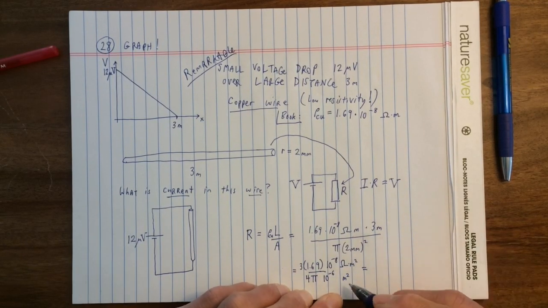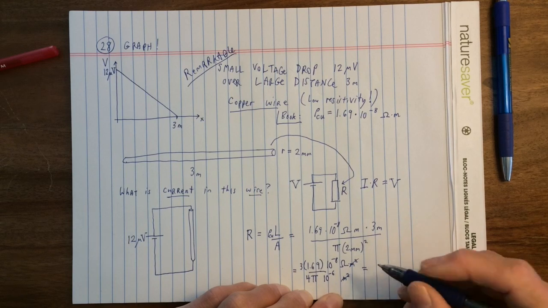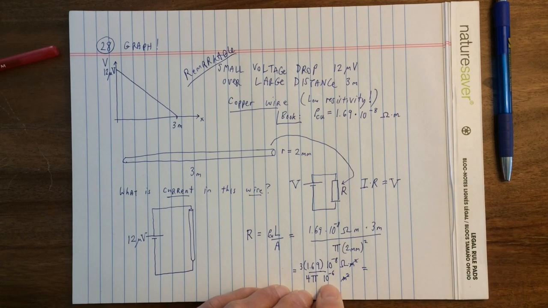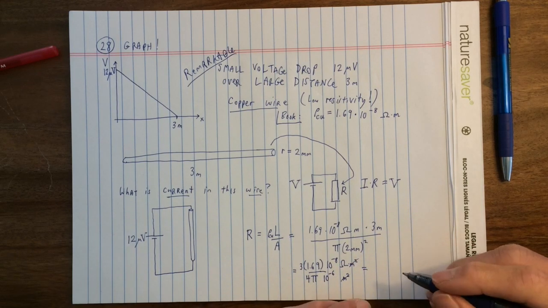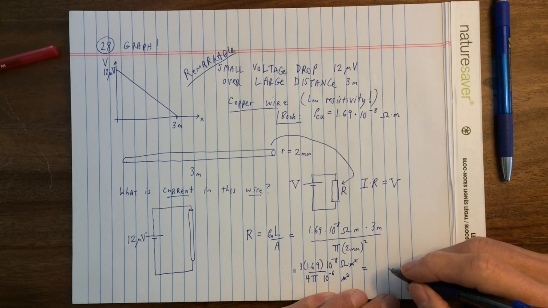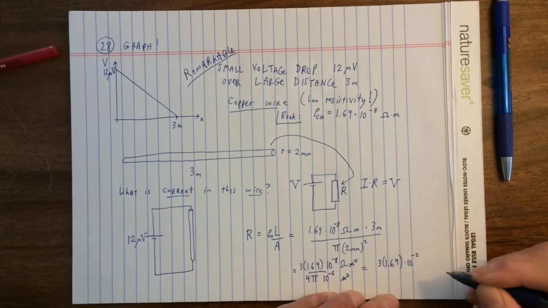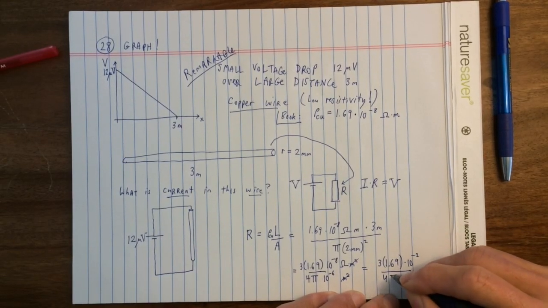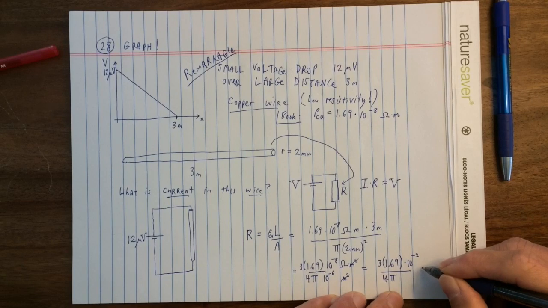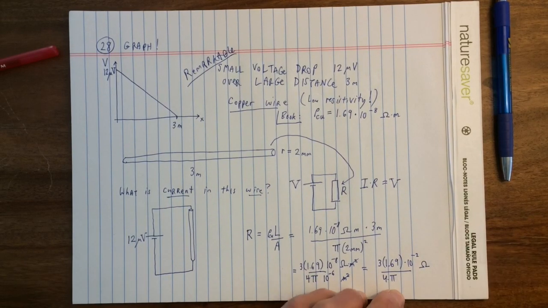Like that. And so you can see that the meters squared are going to cancel. The 10 to the minus 6, I can put it upstairs with the 10 to the minus 8, but when I put 10 to the minus 6 up top, it becomes 10 to the plus 6. So 10 to the plus 6 times 10 to the minus 8 is 10 to the minus 2. So it goes 3 times 1.69 times 10 to the minus 2 over 4 pi, just numbers, and then I've got ohms left over.